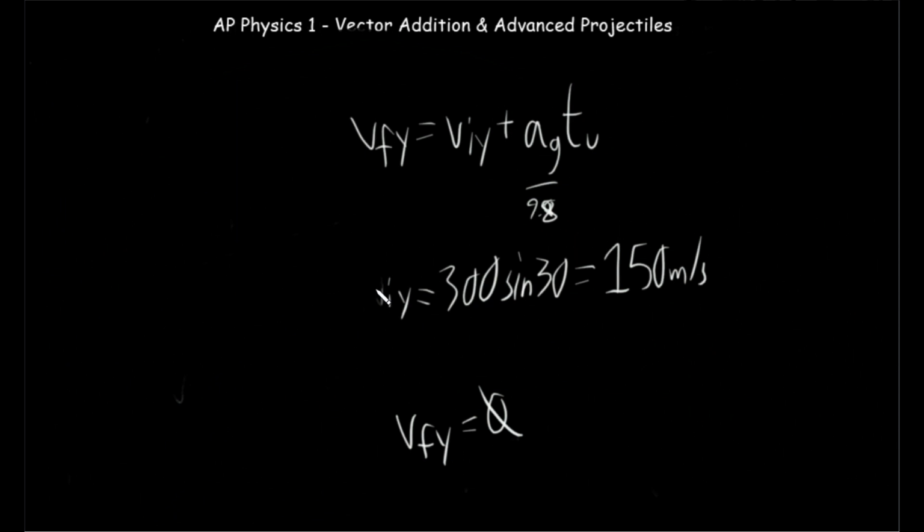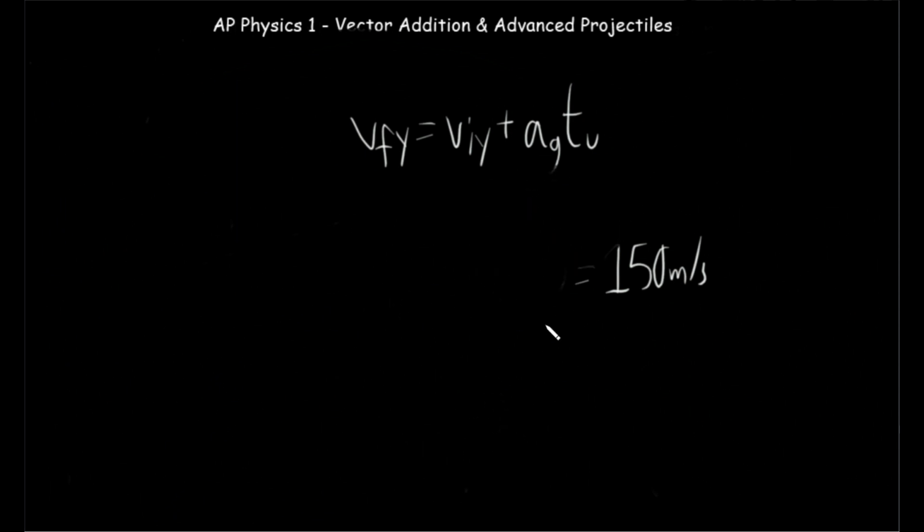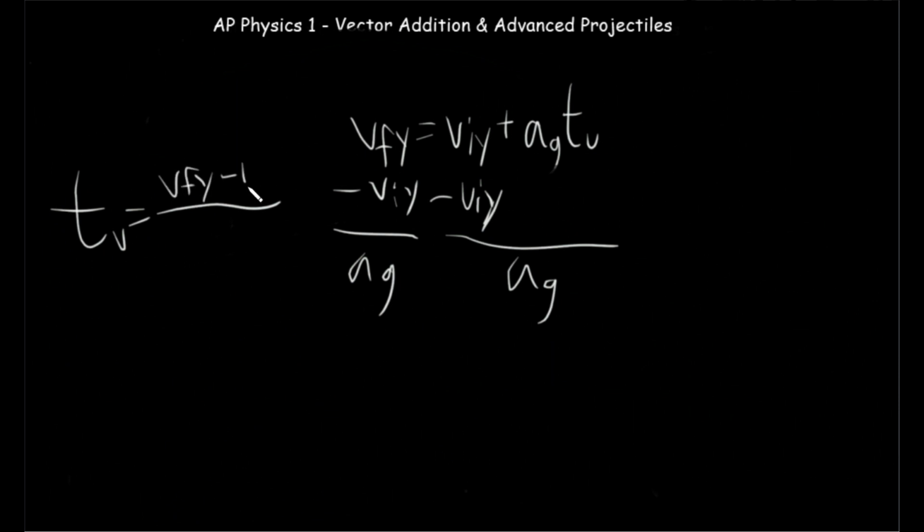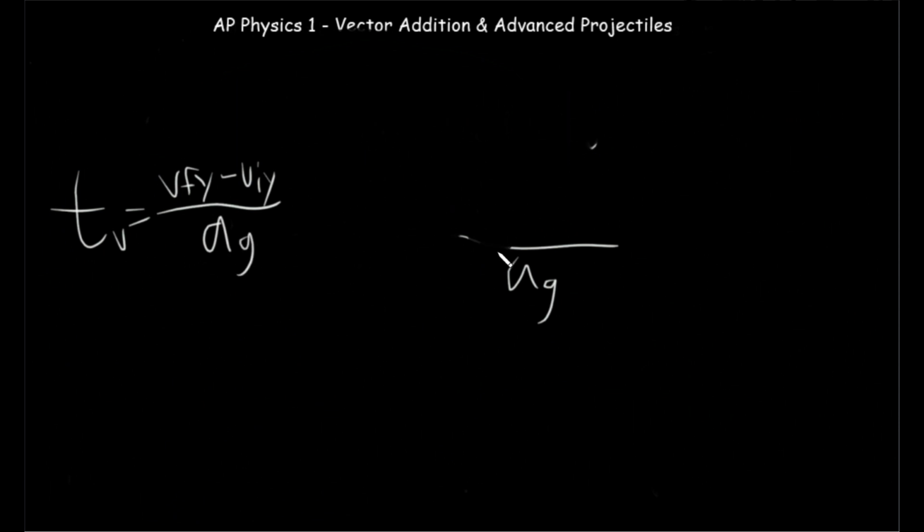Okay, so let's rearrange this equation. Like I said before, minus VIY on both sides. We're trying to isolate TU and divide by AG, and you end up with this equation: TU equals VFY minus VIY divided by AG. We already know our values, we can just plug them in.